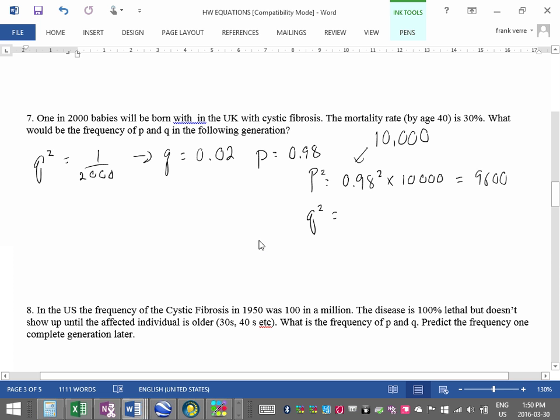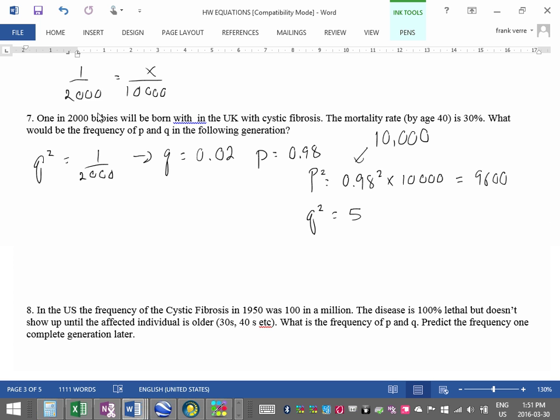We already know this is 1 in 2,000, so 1 in 2,000 times 10,000 should be 5. It's a simple ratio. If 1 in 2,000 have the disease, then how many would have the disease if we have 10,000? The ratio is still the same. Exactly. So we expect 5.